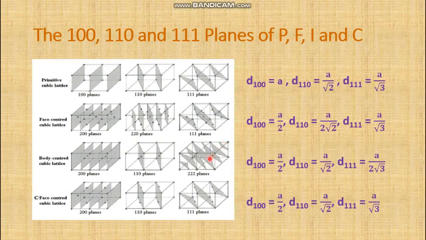So just take the middle point of the edges. This is the middle point of this edge, of this edge, this is the middle point, and of this edge, this is the middle point. So join them. Okay. Here no atom is being covered, but in order to maintain the third condition, to make them equidistant, we have to insert one more plane here.